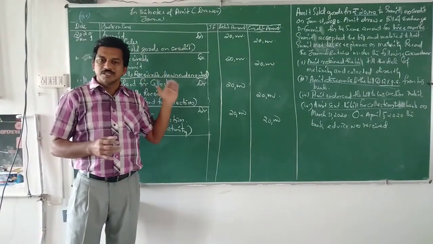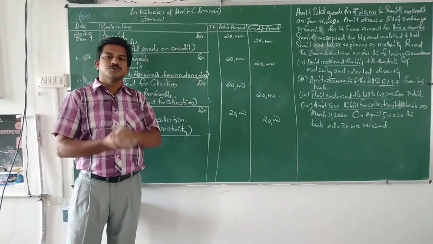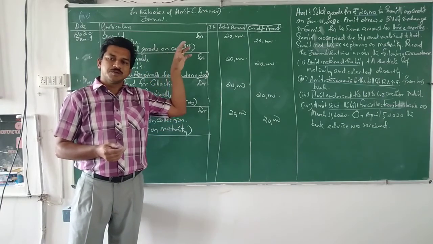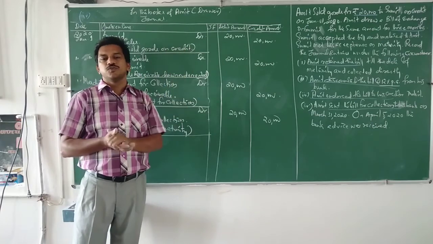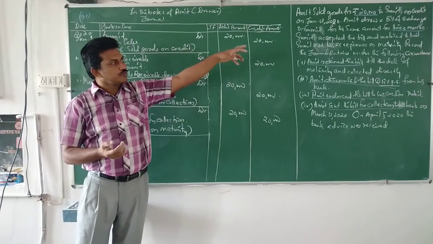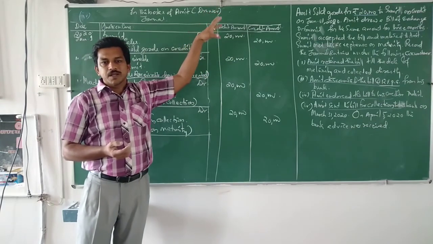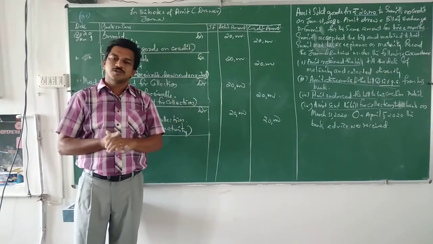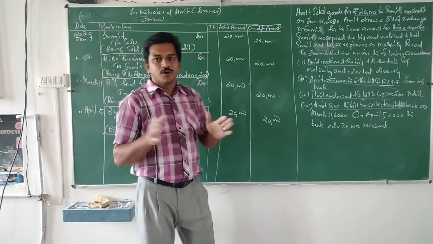We have already discussed the journal entries, so you can just revise that and prepare the journal entries in the books of drawee also. I hope all of you understood this.